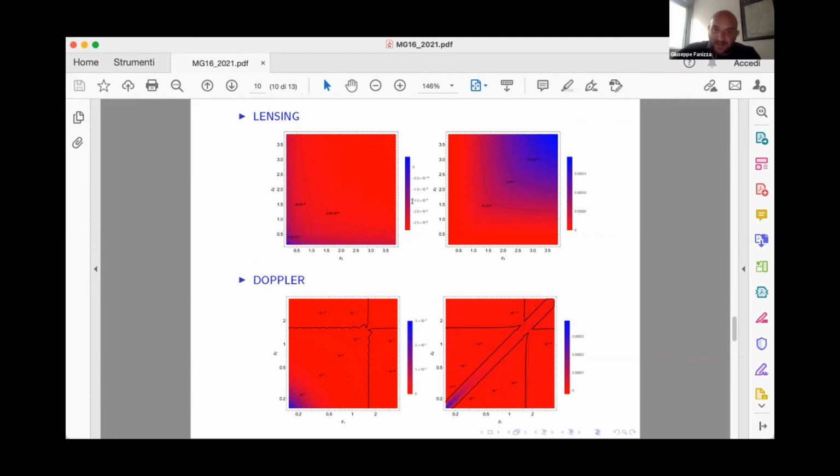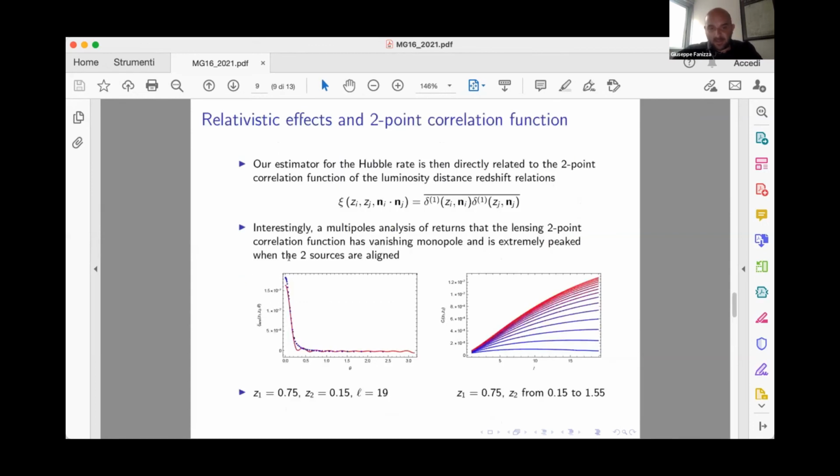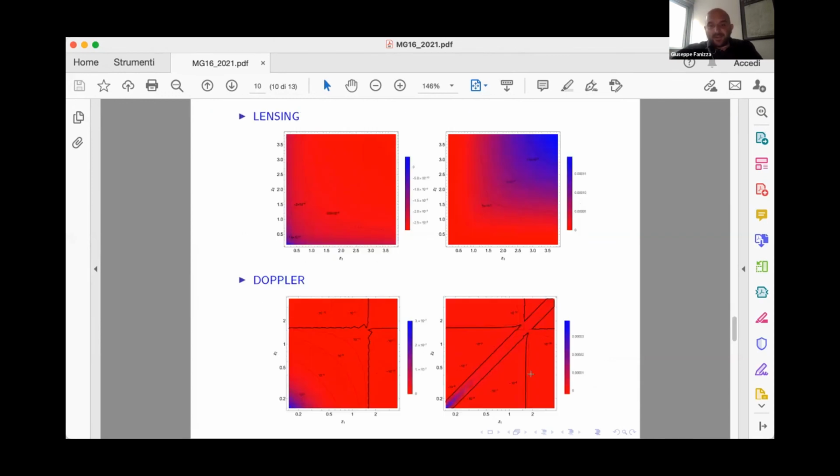We can see that there is a huge difference in the absolute magnitude of those values, leading to the fact that when these functions are extremely peaked, with this rapid transition, this function can be well approximated by a spike at zero. Another important aspect that I want to stress about Doppler is the transition from positive to negative values when we move across this particular scale, which is given by the proper value of the Hubble horizon at this redshift.